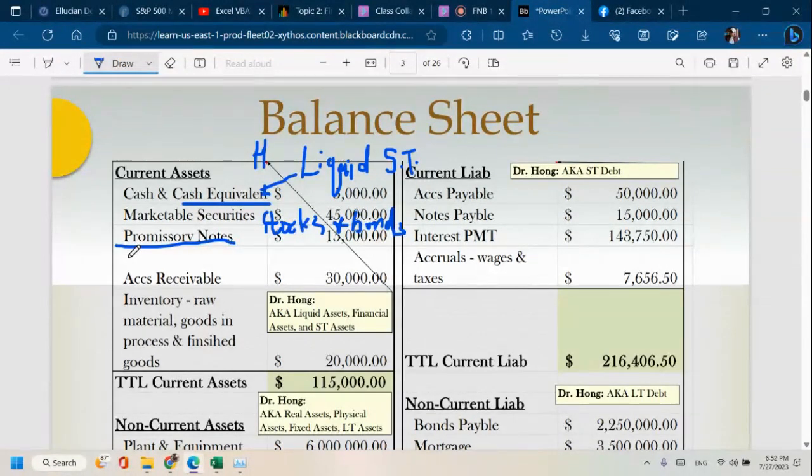However, a personal IOU is generally not traded, because a personal IOU is something that you usually write when you buy a house, as part of the contract.